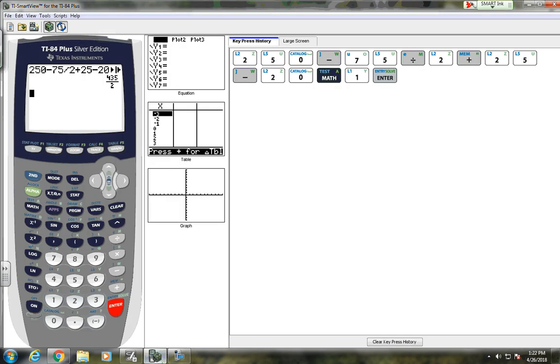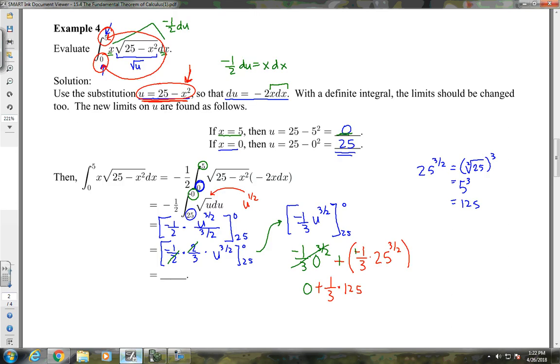Don't forget, your calculator is useful if you panic and you can't remember how to do it. Type 25 in your caret key, type in your exponent 3/2 and evaluate. You'll come up with 125. So my final answer here, I'll go back to the answer blank, is 125 over 3. So that's the exact value for our definite integral.